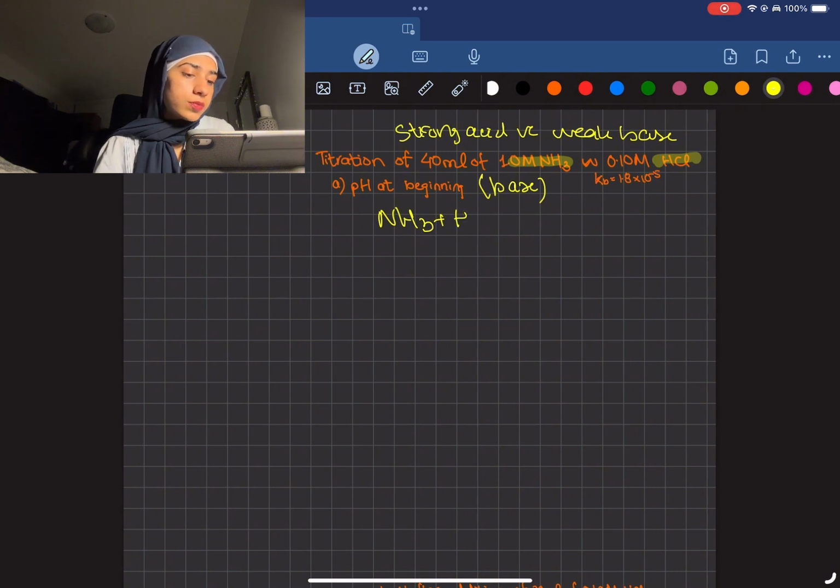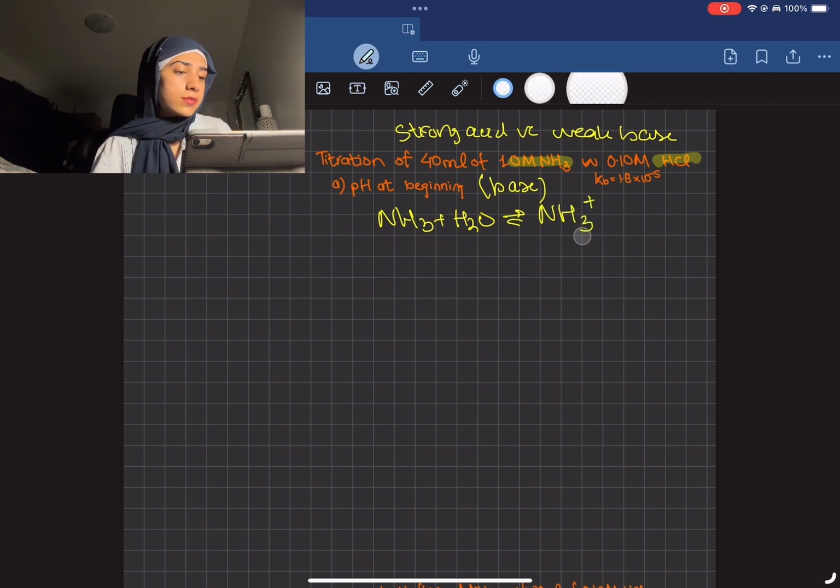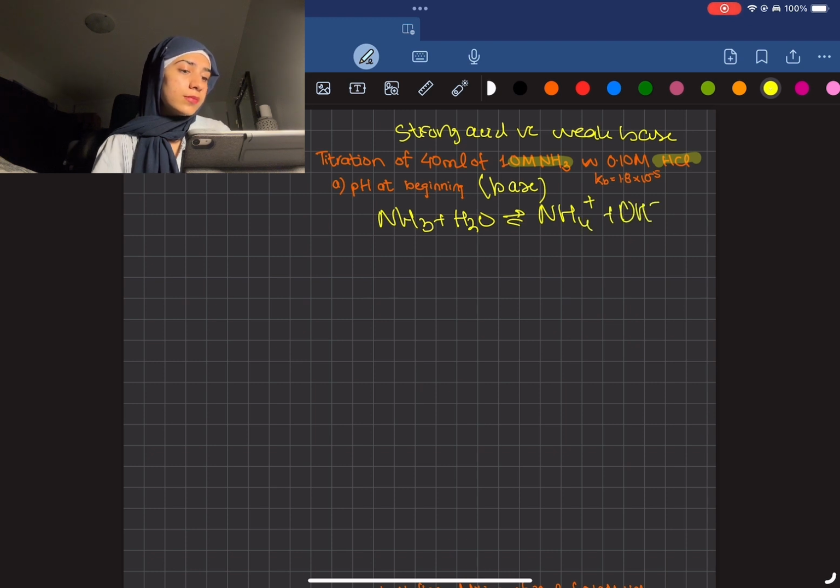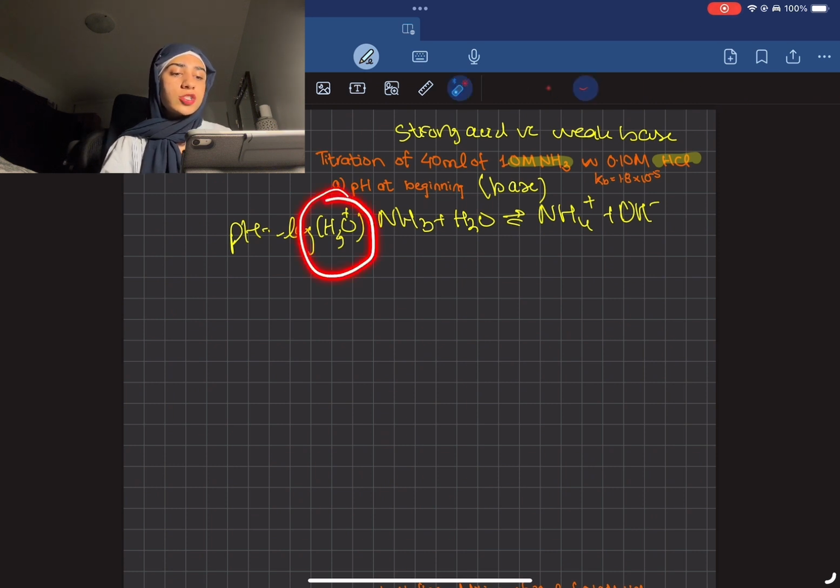H2O dissociates into NH4. Now because it says pH, I'll write down the formula for pH to give me a sense of what I need. Now, I need the concentration for H3O positive ions, but I don't have any concentration for H3O positive ions.